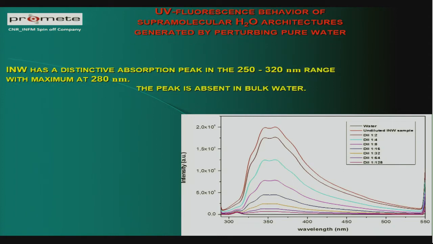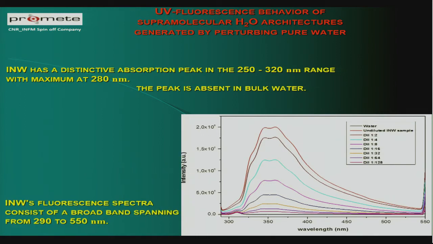It is interesting that it has a distinctive absorption peak in the range 250-320 nanometer, with a maximum at 280 nanometer. Obviously, this peak is totally absent in bulk water. And the spectra consist of a broad band spanning from 290 to 550 nanometer. This is the characteristic.